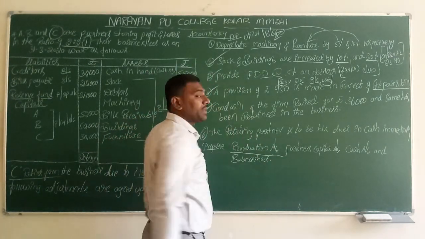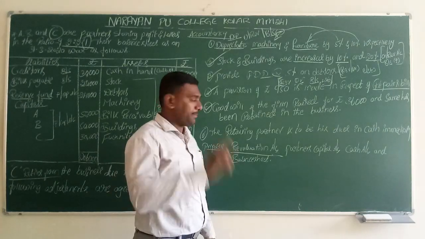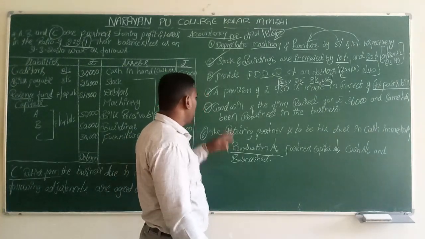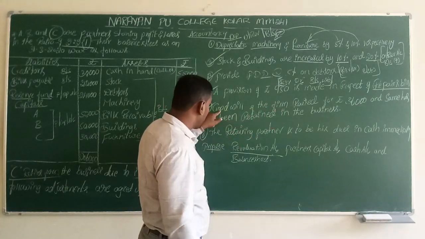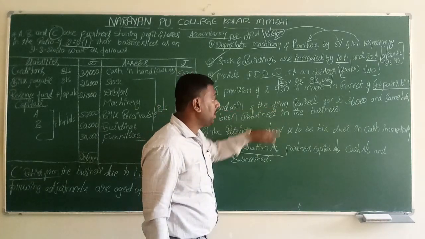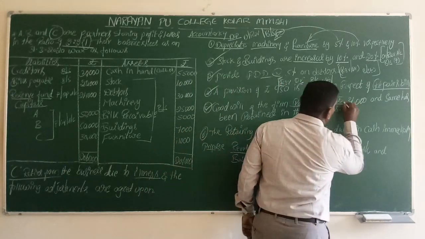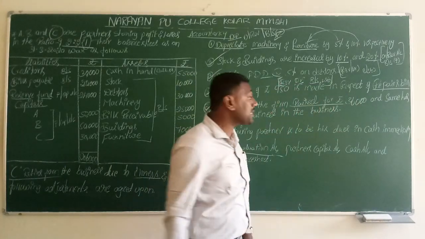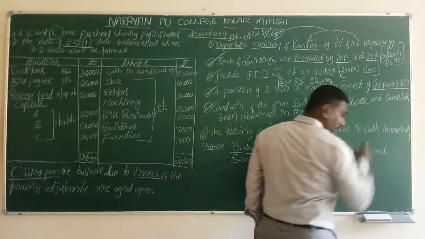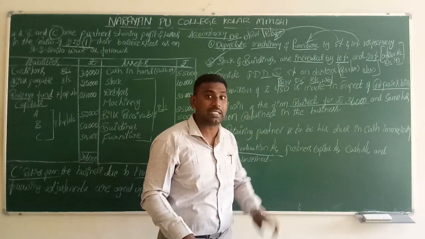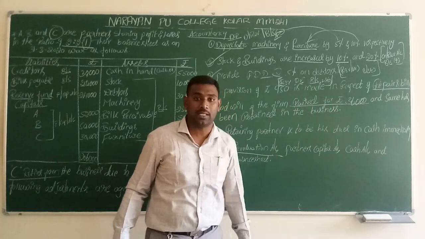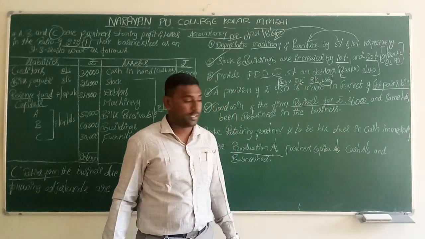Let's come to adjustment number 5. Here the goodwill of the firm is given: goodwill of the firm is raised to rupees 36,000. We discussed the same adjustment in the previous chapter, admission of a partner.